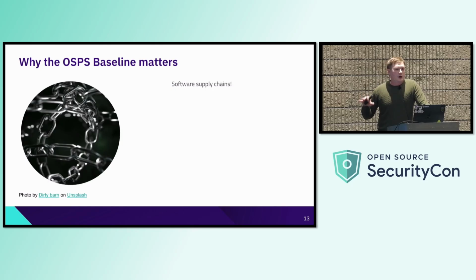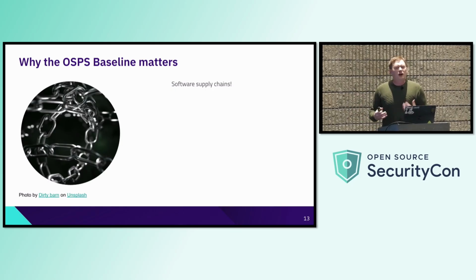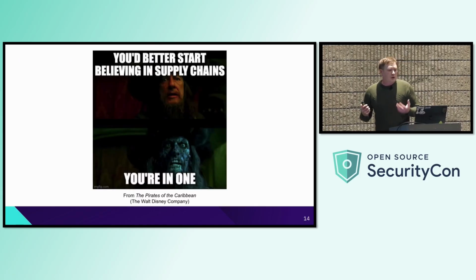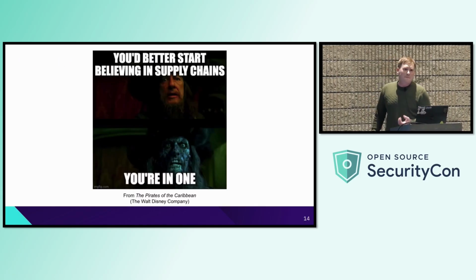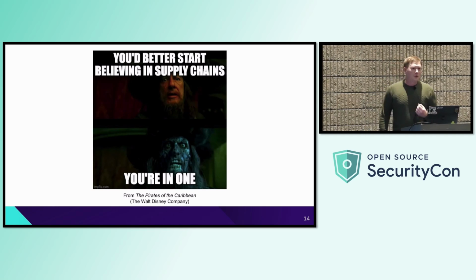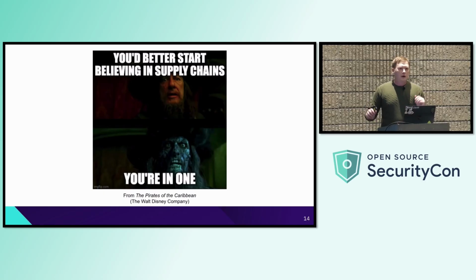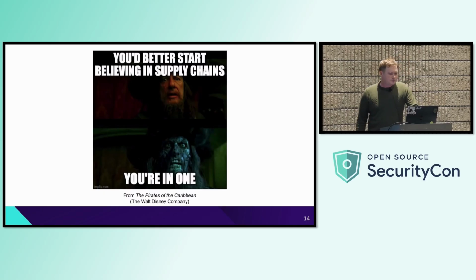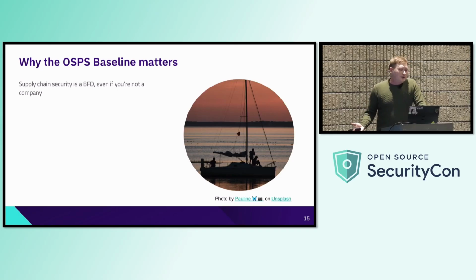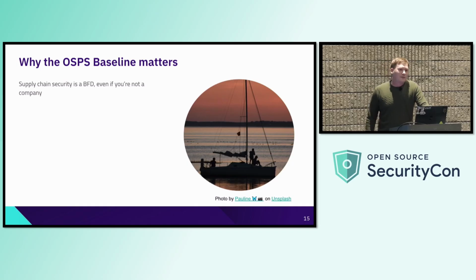The supplier relationship is contractual, it's two-sided. But even if you're not a supplier, you're supplying things. So you'd better start believing in supply chains because you're in one, whether or not you want to be. If you are producing open source software that somebody else is using, you are now in a software supply chain. And supply chain security is a big deal, even if you're not a company.